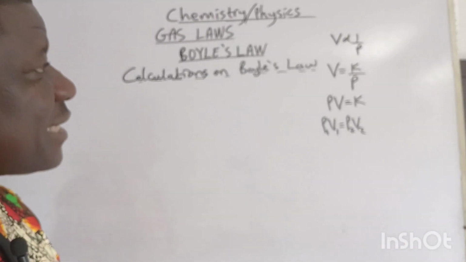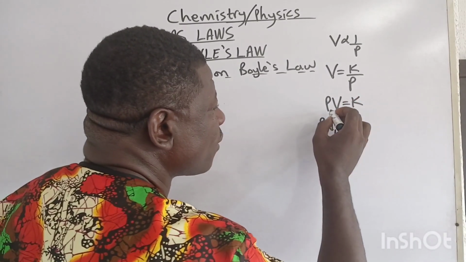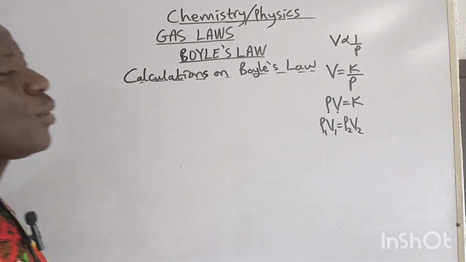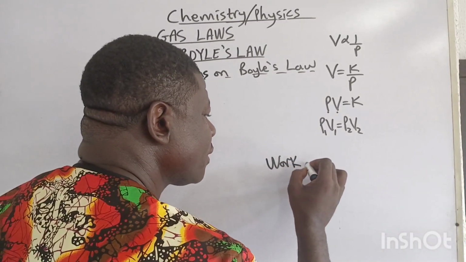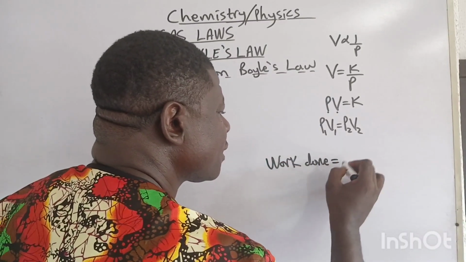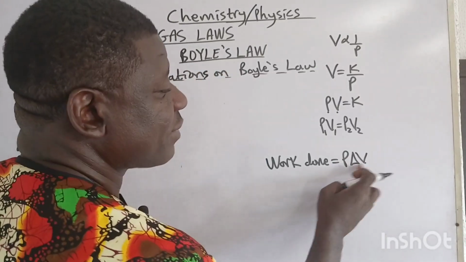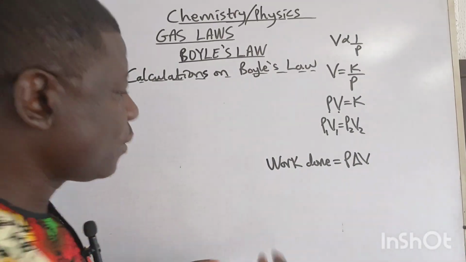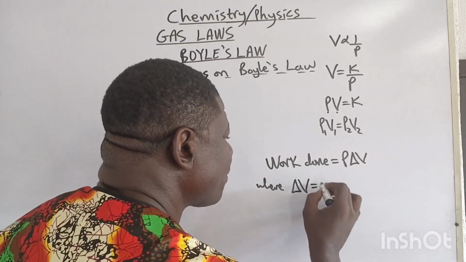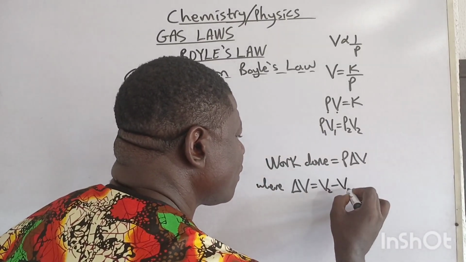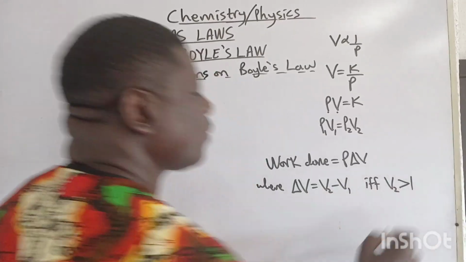Then we will now realize that, in physics, the product of pressure and volume will always give us work done. So work done is equal to P delta V, where delta V means change in volume. Delta V, change in volume, can be V2 minus V1, if and only if V2 is greater than V1.